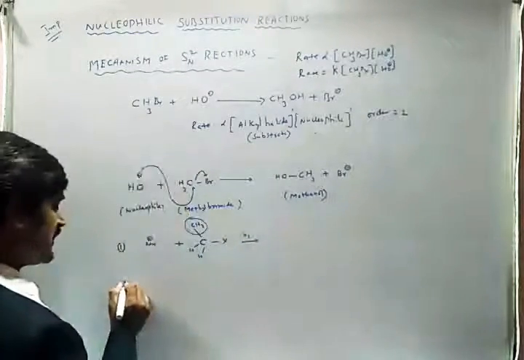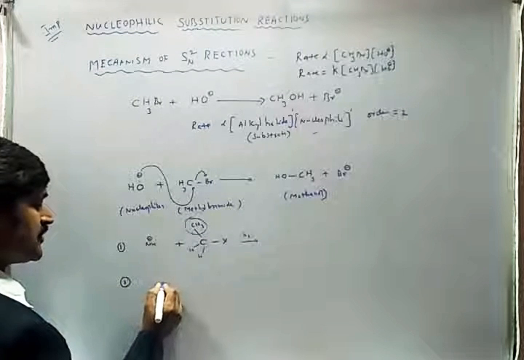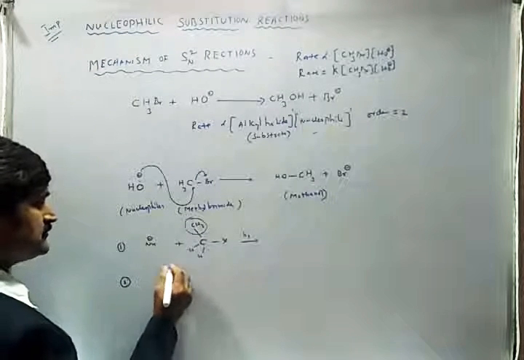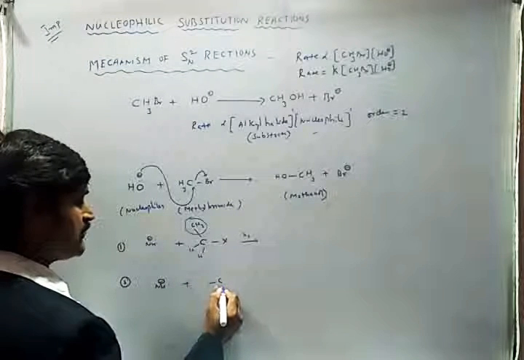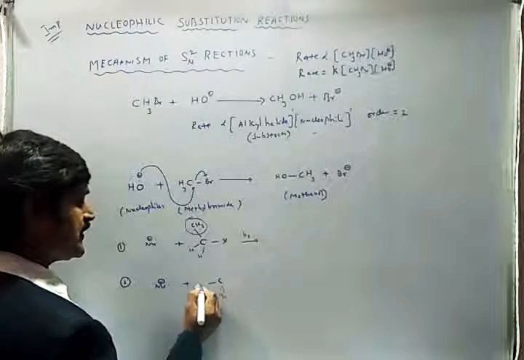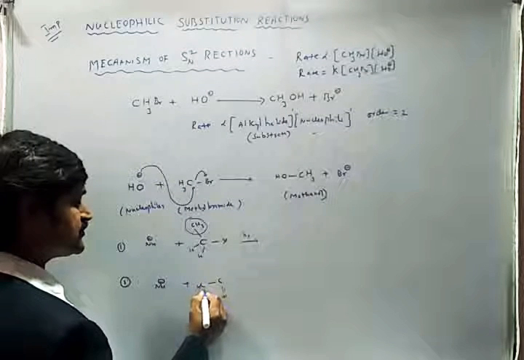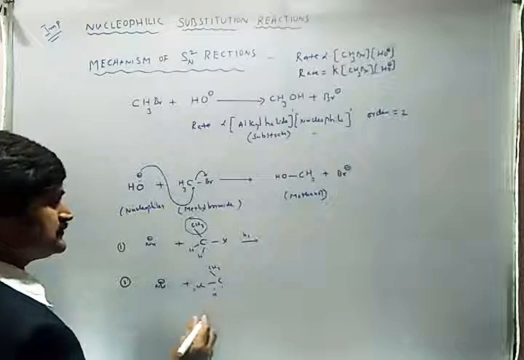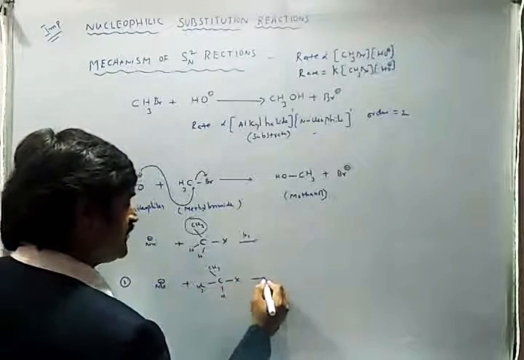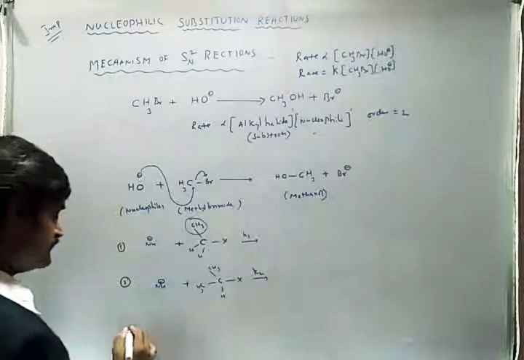In the second case, a nucleophile starts coming over to the carbon. To this carbon I am showing two methyl groups, and the halogen is there. This is K2.